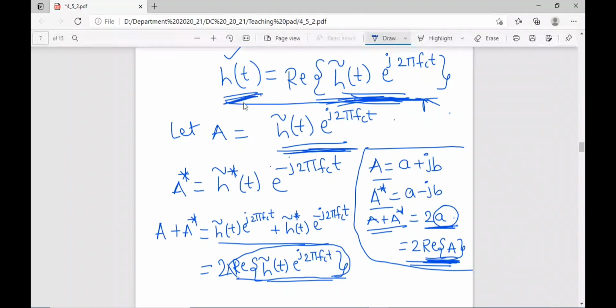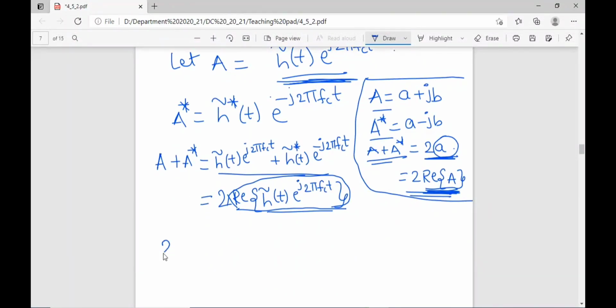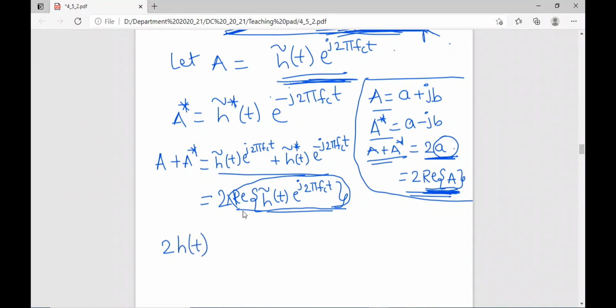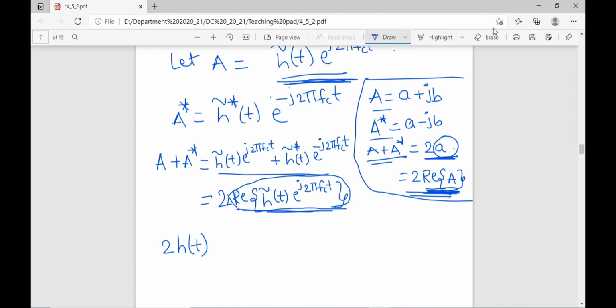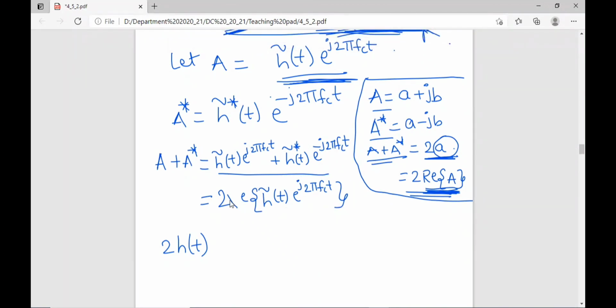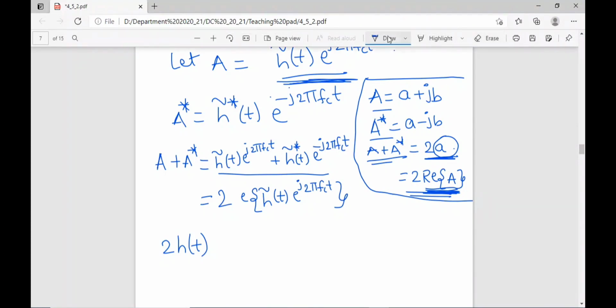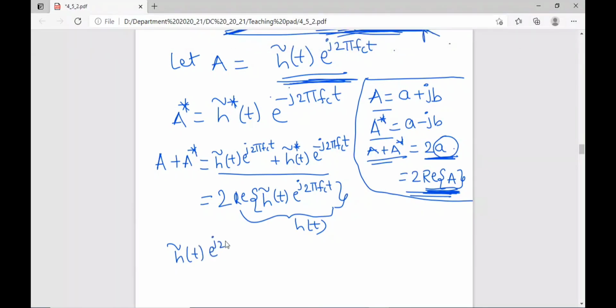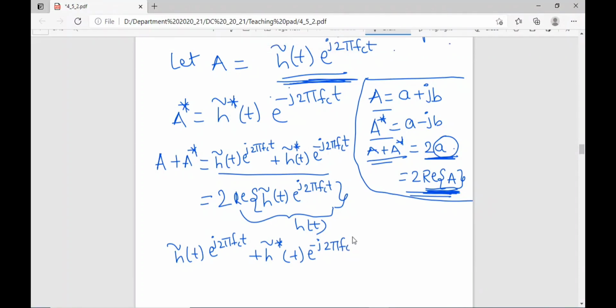So I can write h tilde of t into e power j2 pi fct plus h tilde star of t e power minus j2 pi fct equal to 2h of t.